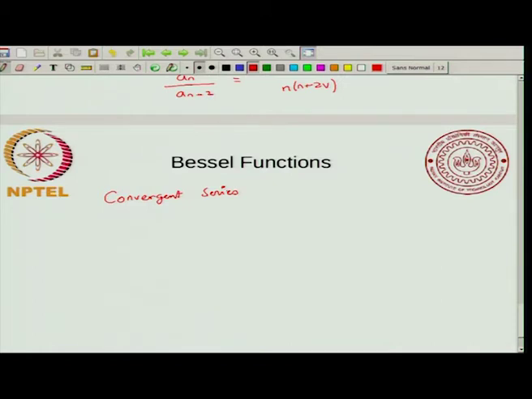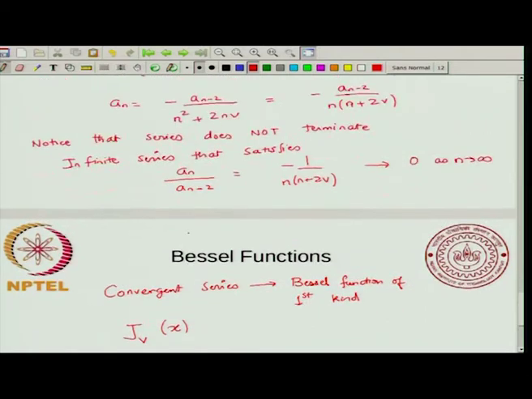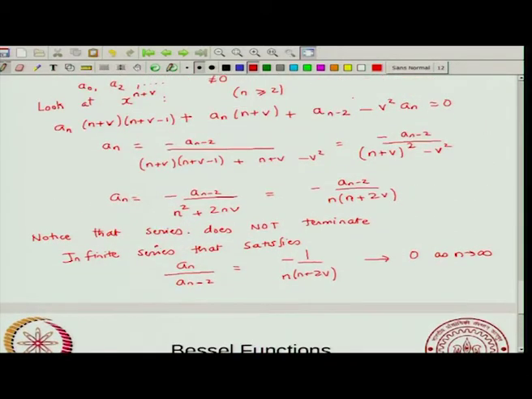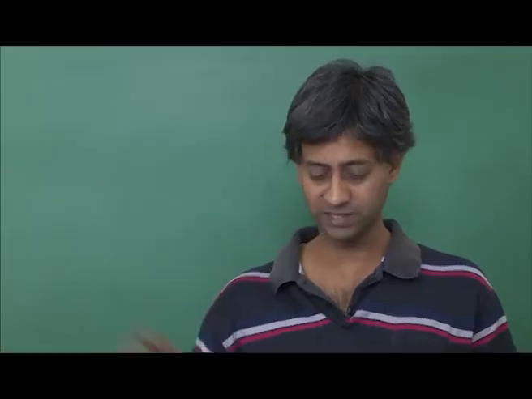This convergent series is called the Bessel function of first kind, and it is denoted by J_v(x). So, J_v(x) is this convergent series, an infinite series starting from a_0, multiplied by a_0.